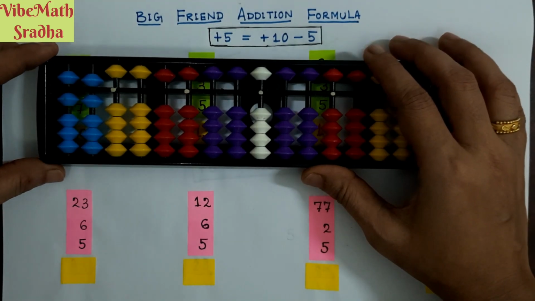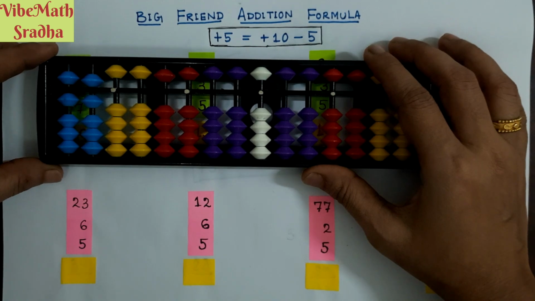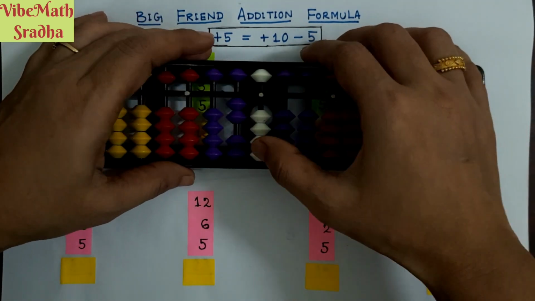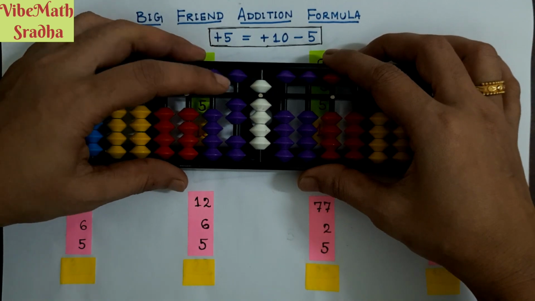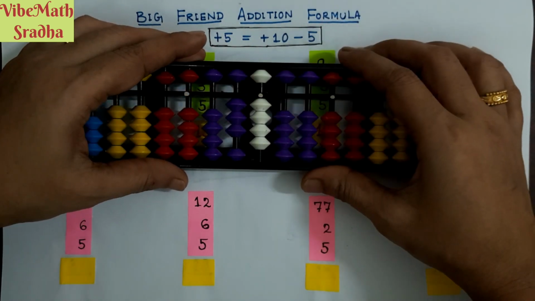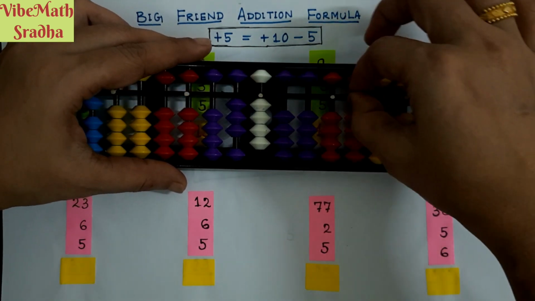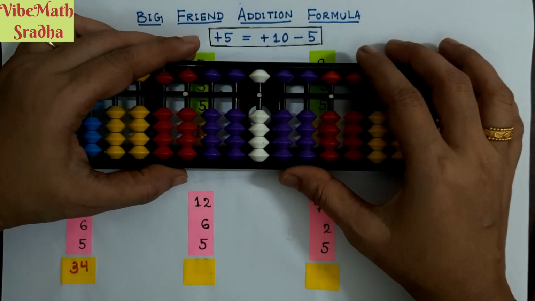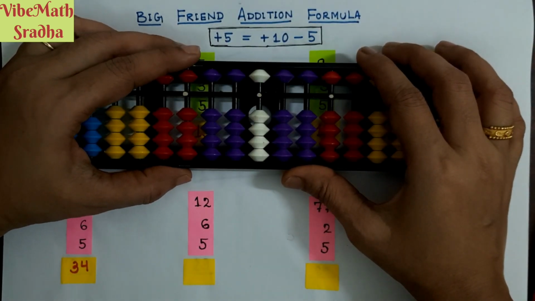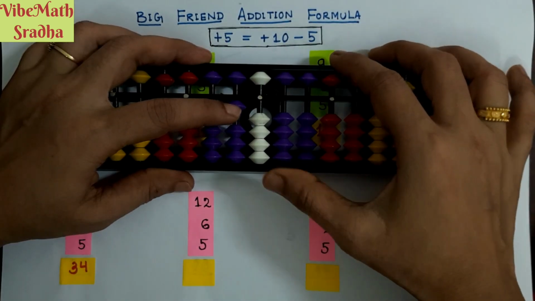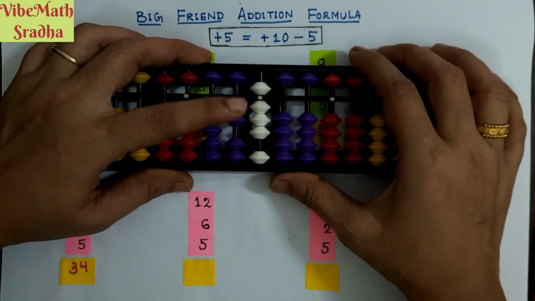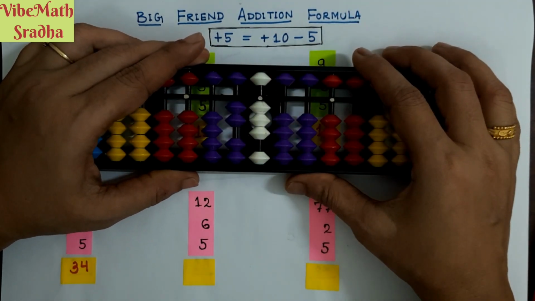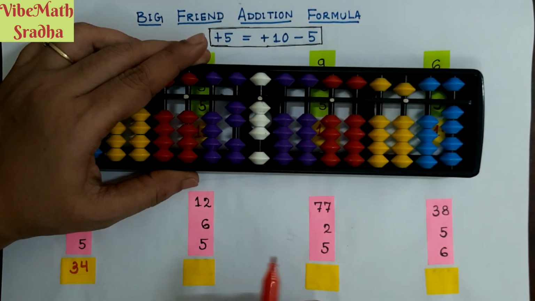Next question is 23 plus 6 plus 5. 23 plus 6 plus 5 is plus 10 minus 5. Answer is 34. Next question, 12 plus 6 plus 5. 12 plus 6 plus 5 is plus 10 minus 5, answer is 23.